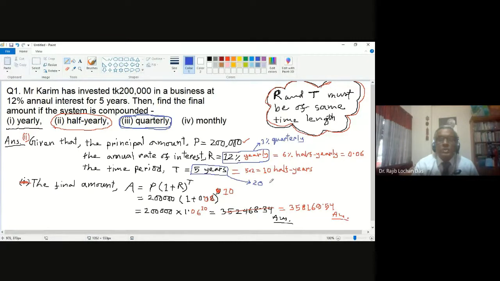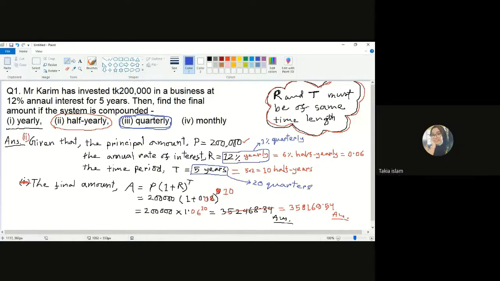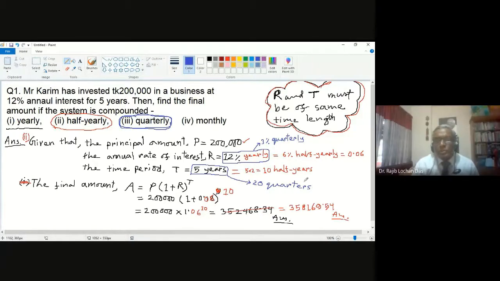So this will be the calculation. Is that okay, or do you have confusion? No, sir. Okay. Everyone is okay with this?